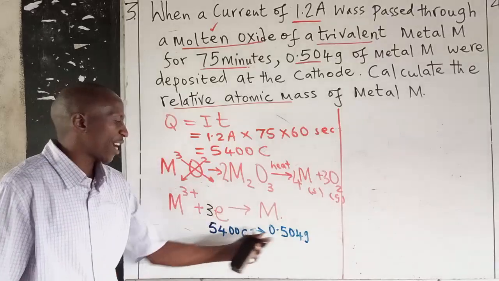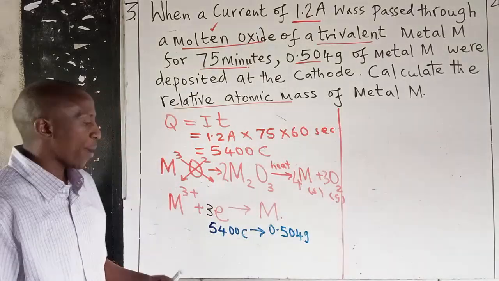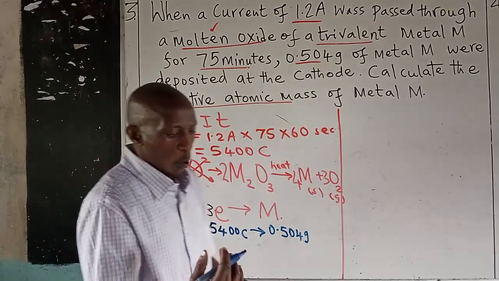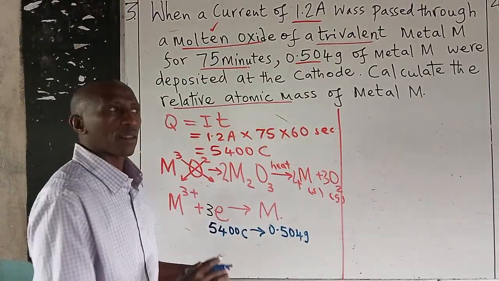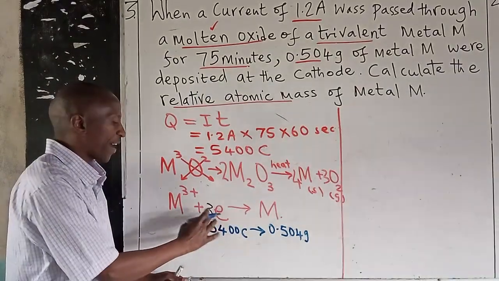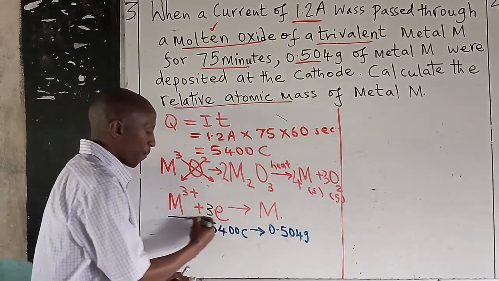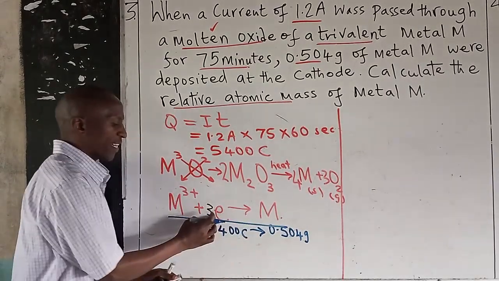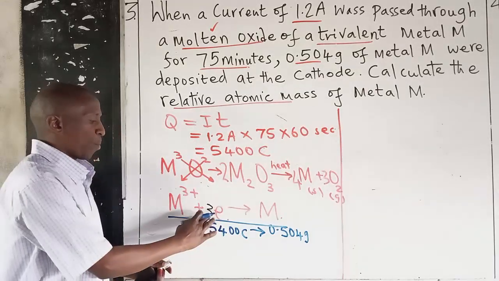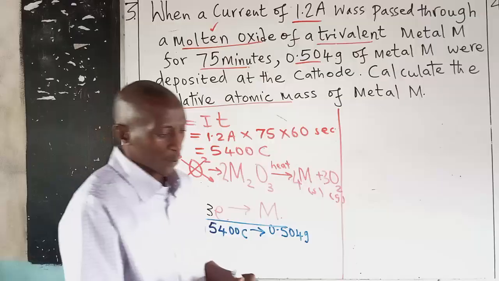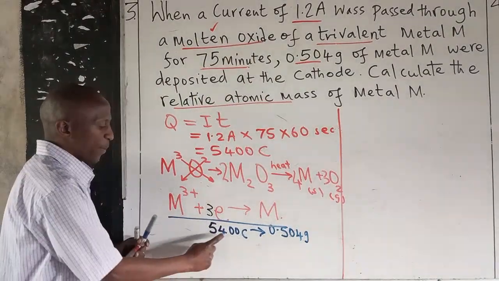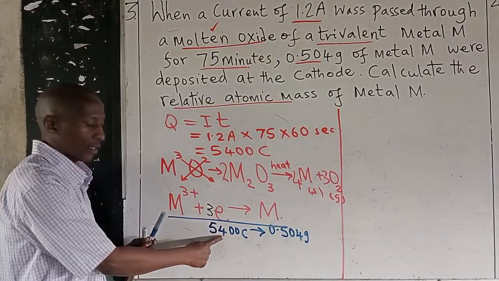So we can do this kind of a relation, whereby if this quantity deposited this much, what would be the effect of 3 Faradays? From theory, 3 Faradays are required here. We can approach it in that dimension, or we can ask ourselves, how many Faradays were this?